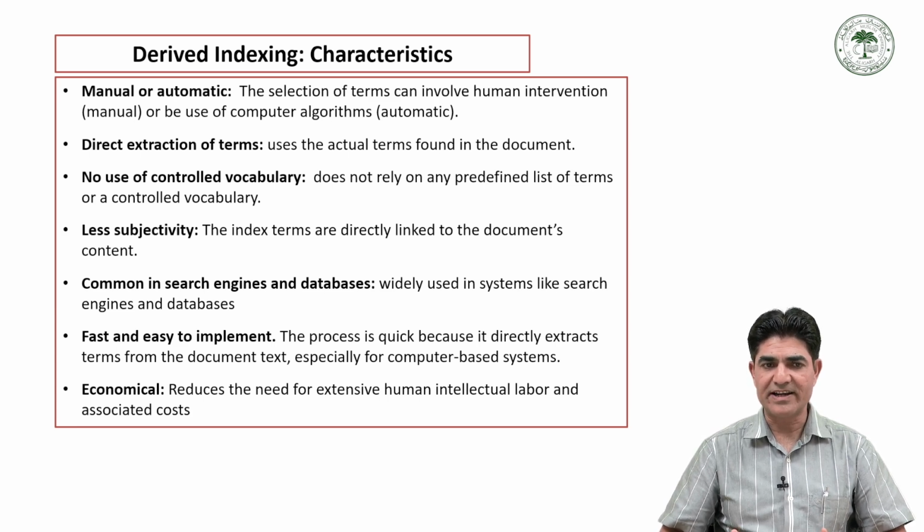It is very fast and easy to implement because no human involvement or expertise is required. The whole process can be automated, and that is why it is fast and very cost effective. It is economical, because it reduces the need for extensive human intellectual activity and labor, and that is why the cost can be reduced very much.